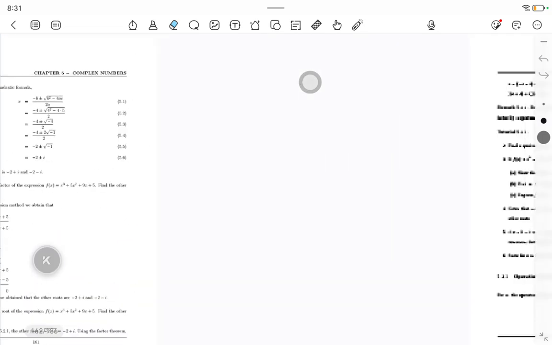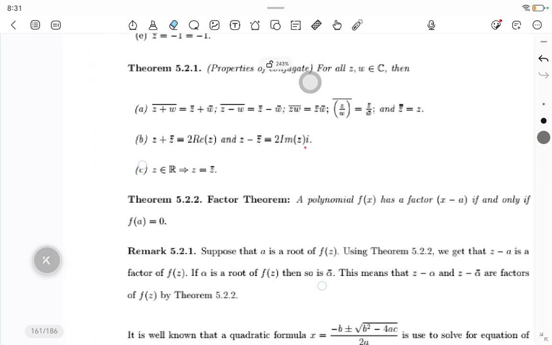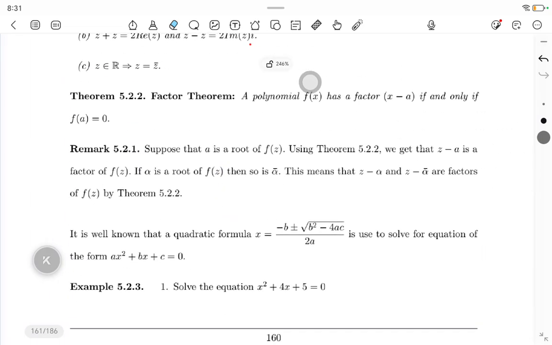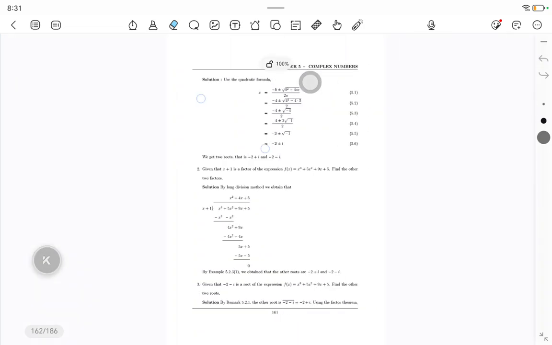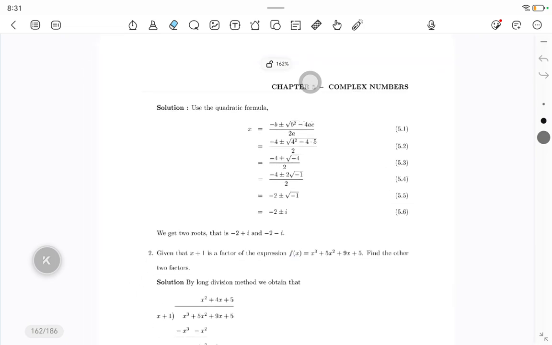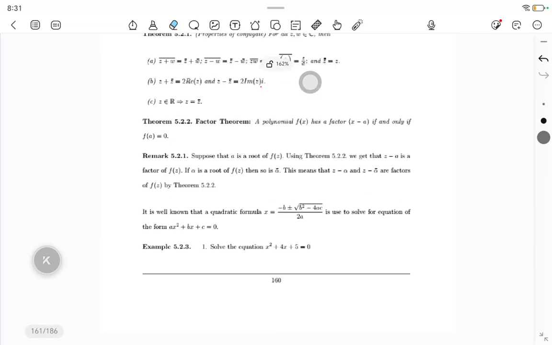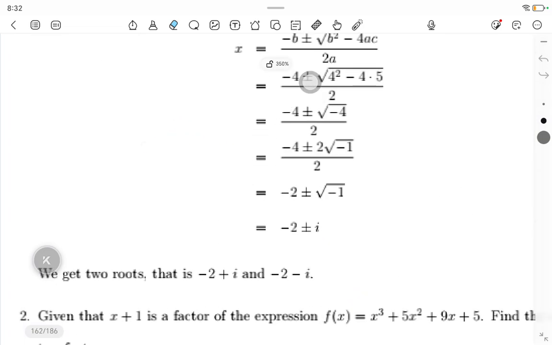We know what the quadratic formula is, so these ones won't be that much of a difficulty. We're going to be able to solve them, right? The only difference at this point is that before, when we were using the quadratic formula, the moment you found a root of -1, this thing would not exist. But now, we know that the root of -1 is equal to I. So this is the only difference that we can have here.